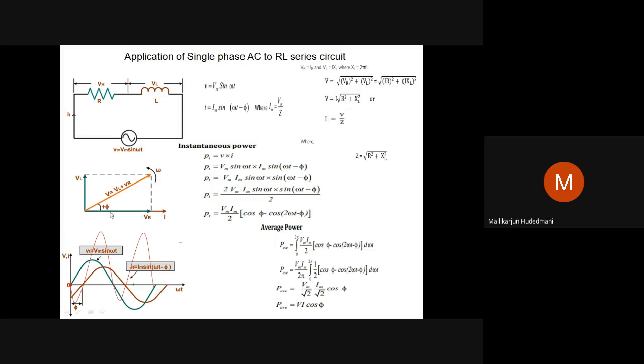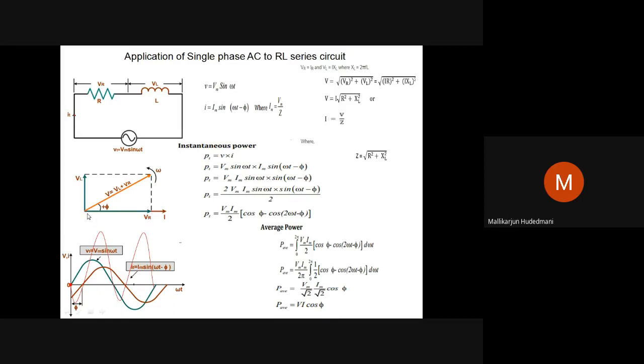How can I get the components? I cos phi becomes the component along this V, the projection of I along V. It becomes I cos phi in line with V, correct? Then I sin phi is vertical, nothing but along this.